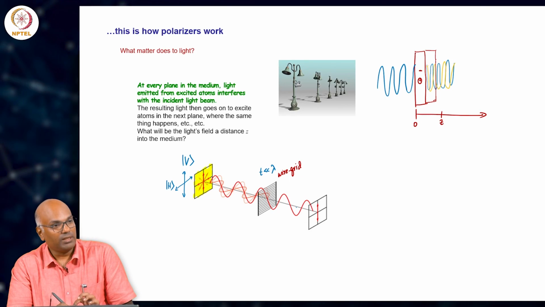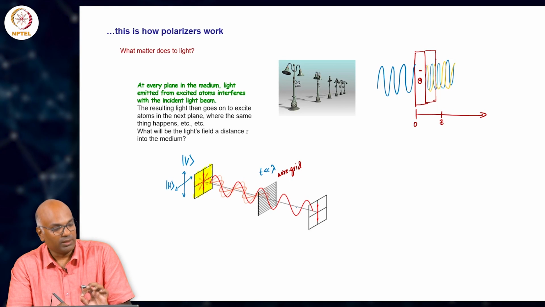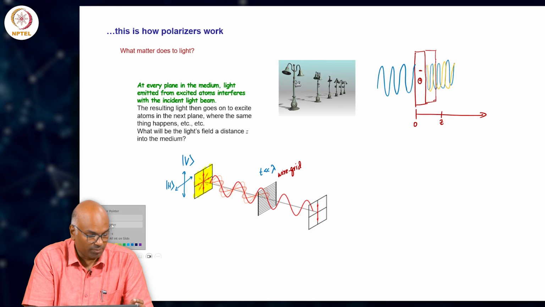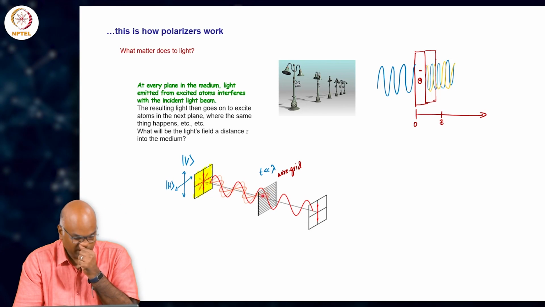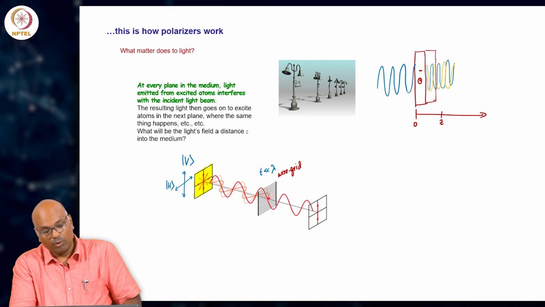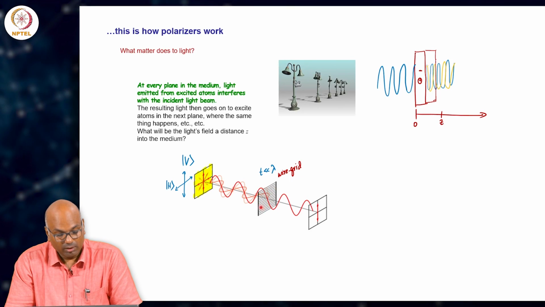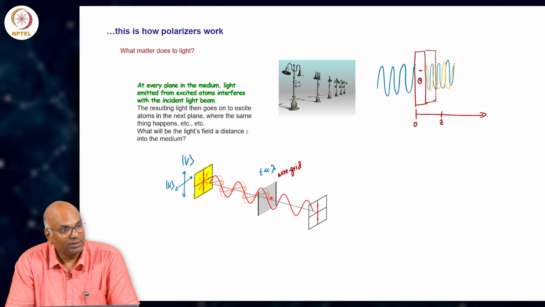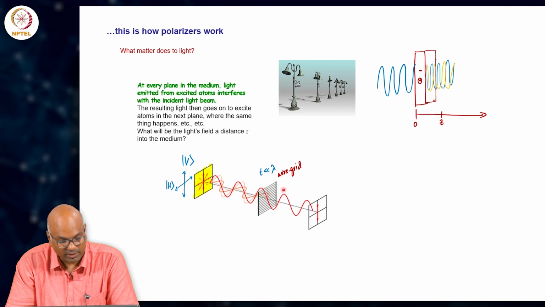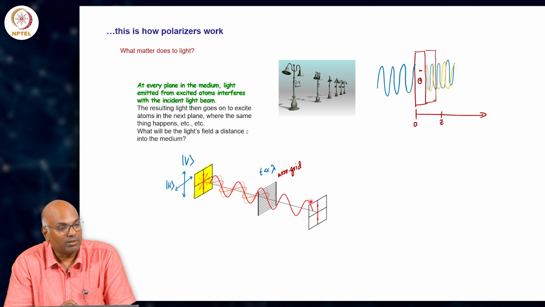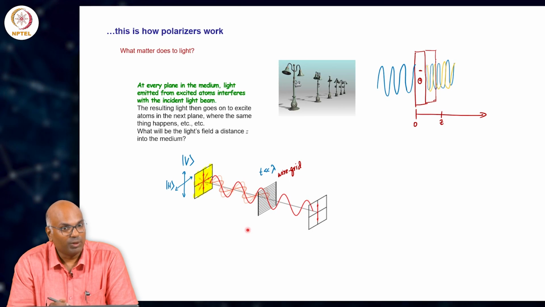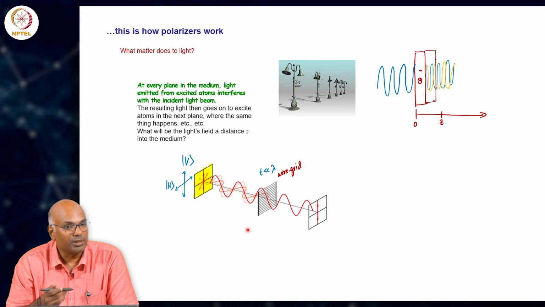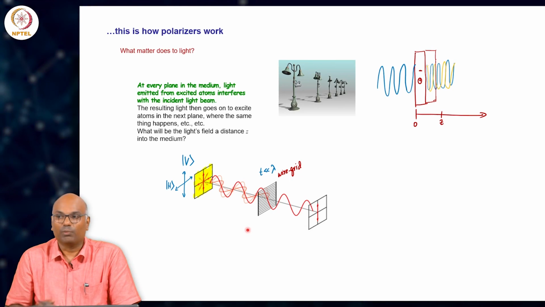Now, since these are wires, and let us consider them to be very thin wires, so that these are one dimensional objects, in and out of the plane of the board, electrons actually are oscillating in the horizontal direction, whereas the polarization that is transmitted through is perpendicular to the direction of oscillation of the electrons. This is the principle of working of a wire grid polarizer, a polarizing element.